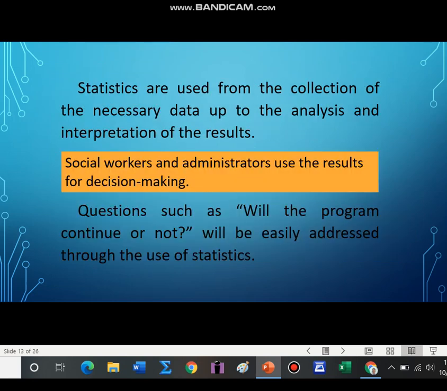Statistics are used from the collection of the necessary data up to the analysis and interpretation of the results. Social workers and administrators use the results for decision making. Questions such as, will the program continue or not, will be easily addressed through the use of statistics.